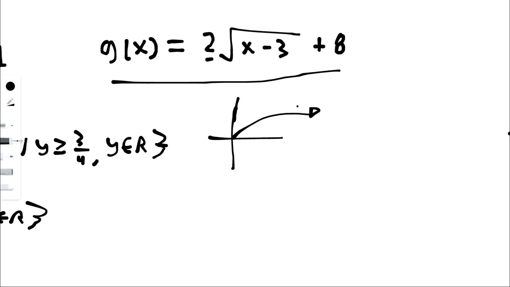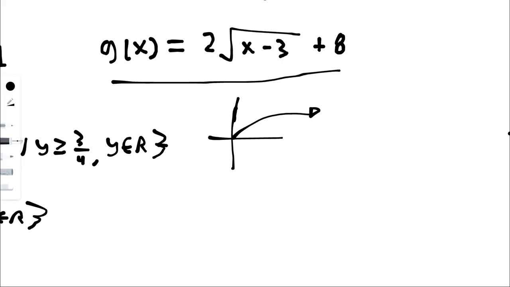We have a vertical stretch by 2, so it's going a little bit more up, and then x minus 3. Usually you'd think, okay, that means we should go backwards 3, right? But remember, it's the opposite. So it's actually plus 3. So the very origin of this thing is going to start at x equals 3. So that is going to be 3 right there. And then it's also moved 8 up.